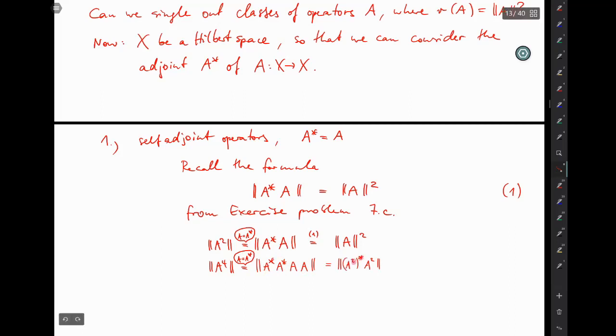Because the adjoint of a product is just the product of the adjoints in reverse order, but who cares about the order when everything's the same? But now here we are back to the left-hand side of equality 1, only with A squared in place of A. So we can just copy the right-hand side, but with A squared in place of A.